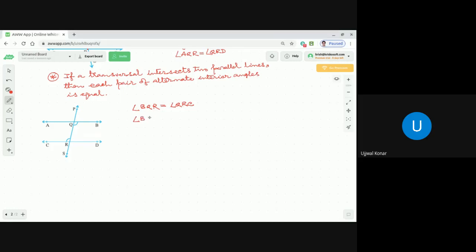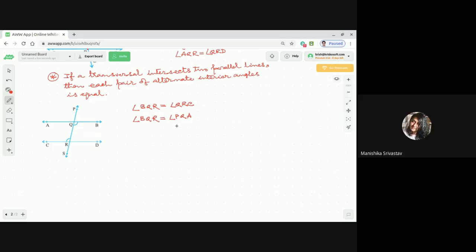Can someone please tell based on what we can conclude this? Vertically opposite.